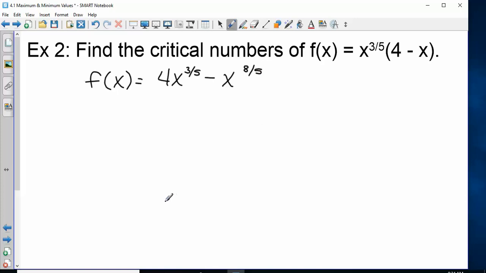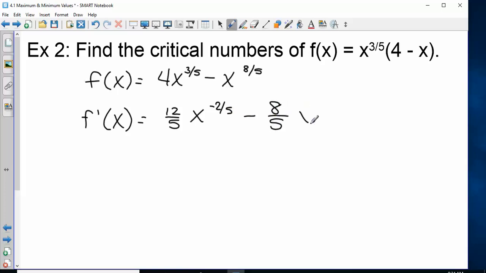So you get 4x to the 3/5 minus x to the 8/5. So now we need our derivative. Exponent comes down, which gives us 12/5 x, subtract 1 from the power, minus 8/5 x to the 3/5.